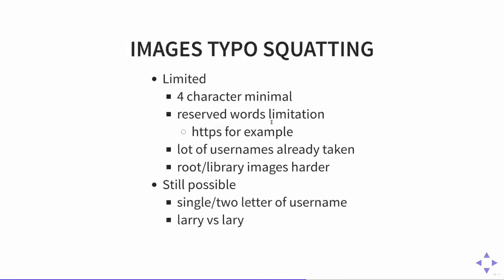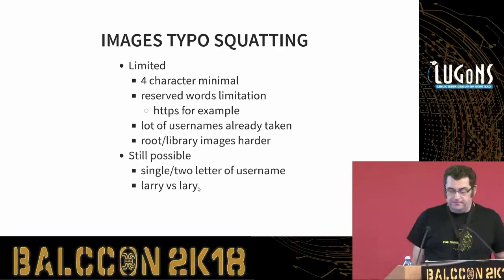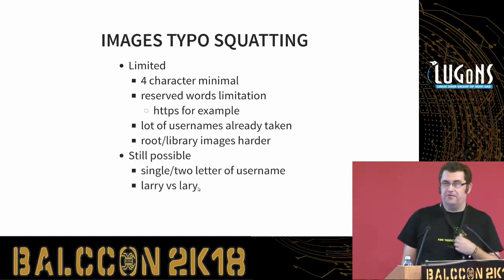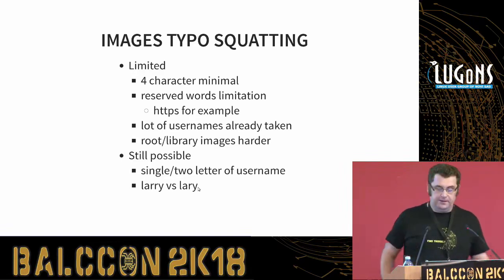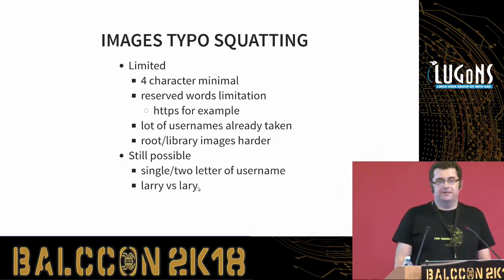If you're looking at image typosquatting, like, oh, I just mistyped a repository name with one R and so on, yeah, it's possible, but it's limited, right? They limited, for example, the characters you can use to name the repository. It's 4 characters minimum. I tried to register a repository in the cloud like HTTPS, but it said, hey, it's reserved.